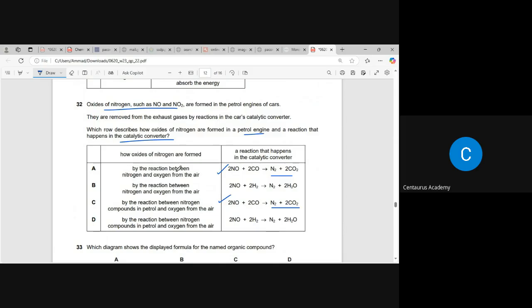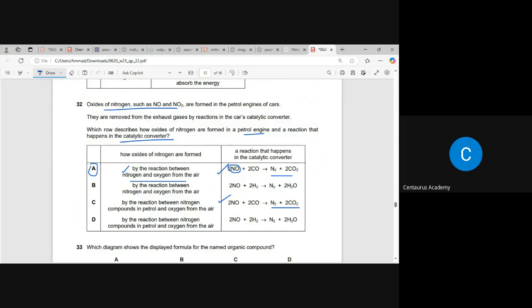And the oxides of nitrogen are formed by the reaction between nitrogen compounds in the petrol and oxygen from the air, or is it because of the nitrogen and oxygen from the air reacting with each other? So nitrogen and oxygen from the air react with each other, as a result of which they are going to produce their own oxides. Okay, so A here is the right answer.